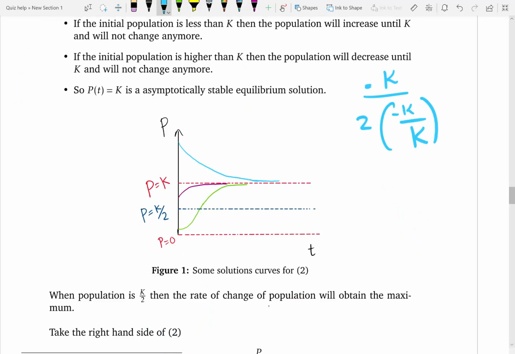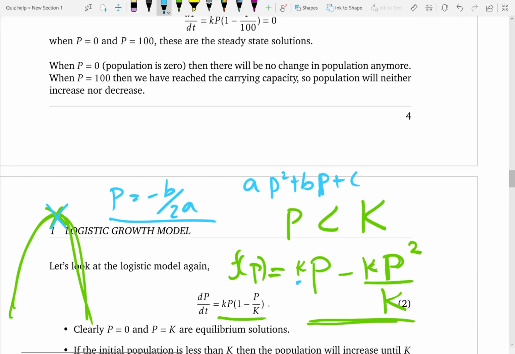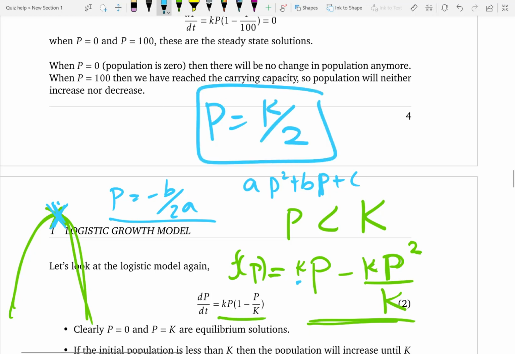So now if you simplify this, we can take the reciprocal multiplication. Capital K over k, the k's cancel out and the negatives cancel out and become positive. So we get capital K over 2. So we have the maximum of this parabola when population is equal to capital K over 2. What does that mean?